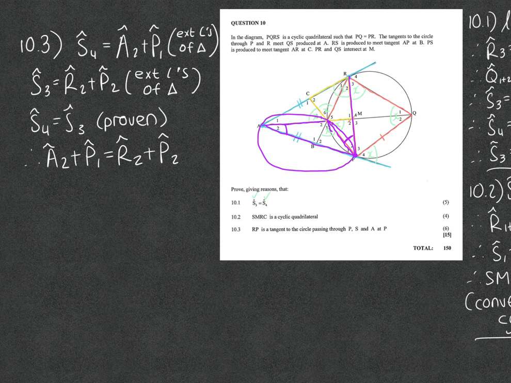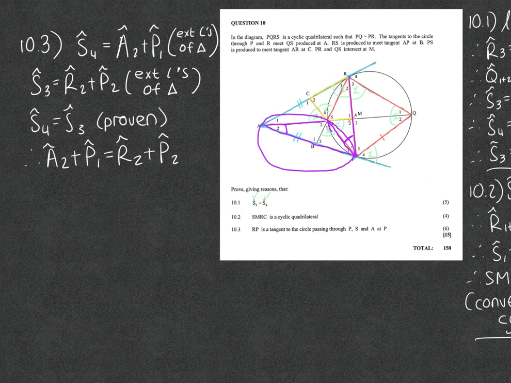Now, this was the trick to bring P1 into it. P1 is also equal to R2. Why? Because of tan chord theorem, guys. Here's my tangent. There's my triangle. So this angle that PB makes with SP, that angle P1, is equal to the opposite interior angle, which is R2.